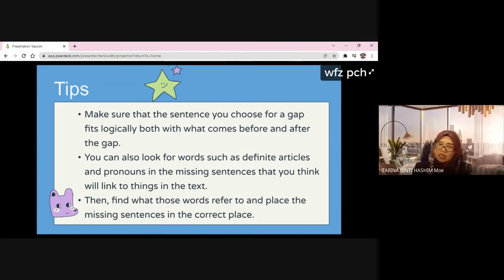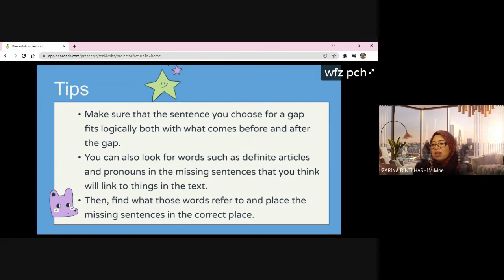Meaning the same thing as what we did just now. We have to look at the words before and after the gap. You can also look for words such as definite articles and pronouns in the missing sentences that you think will link to things in the text. That means you look at the keywords, or any articles or pronouns, so that can make you link to the answers.